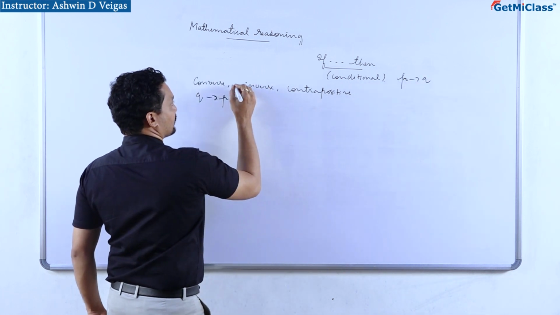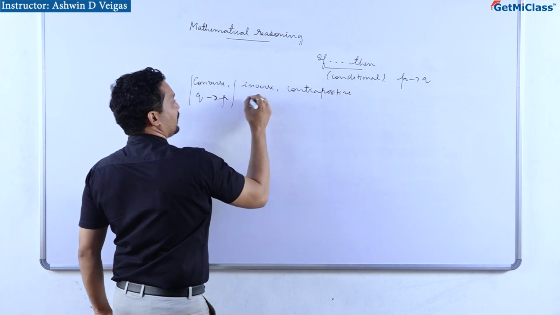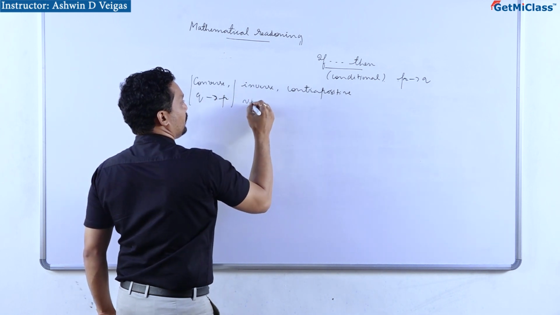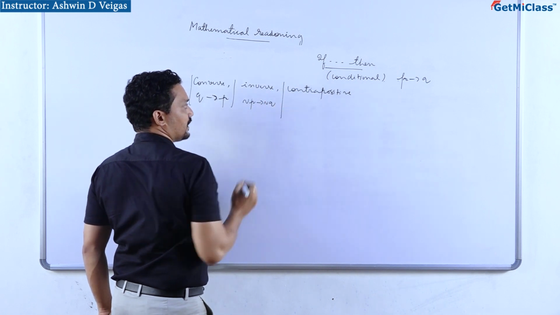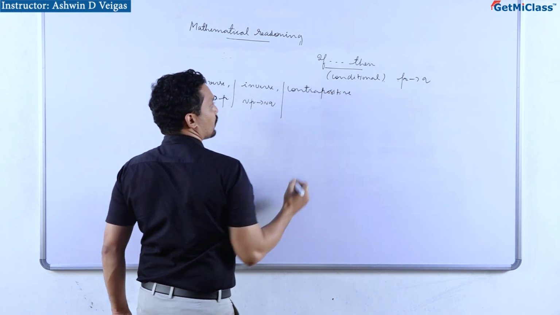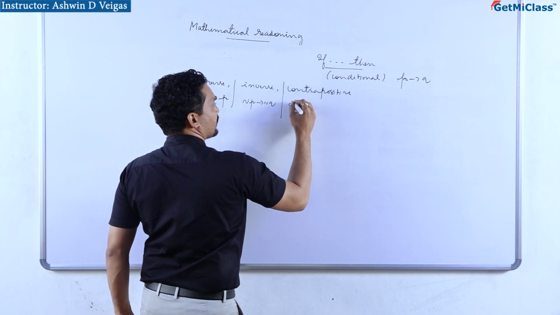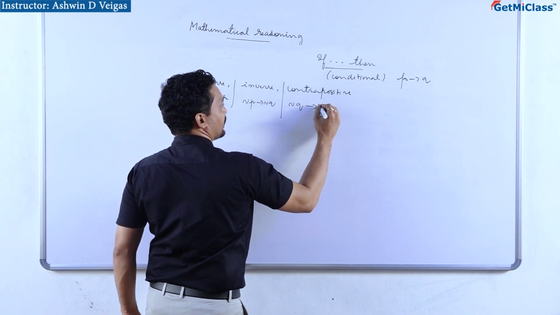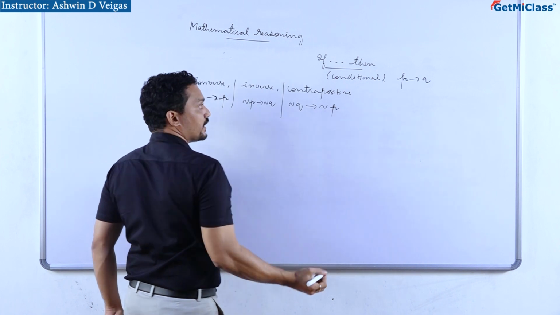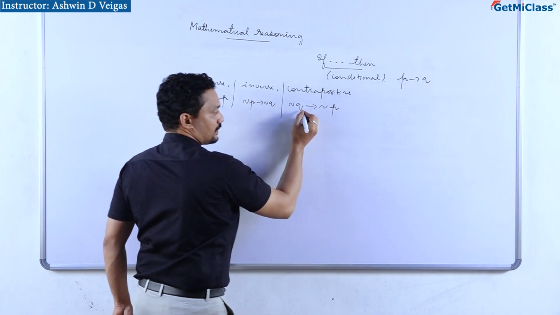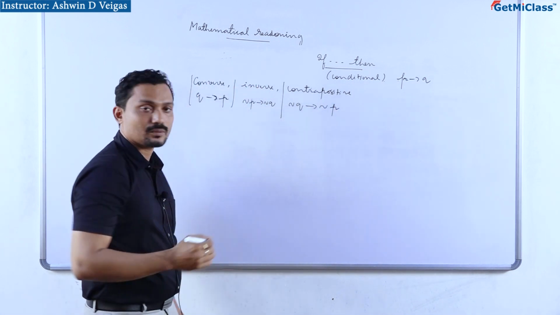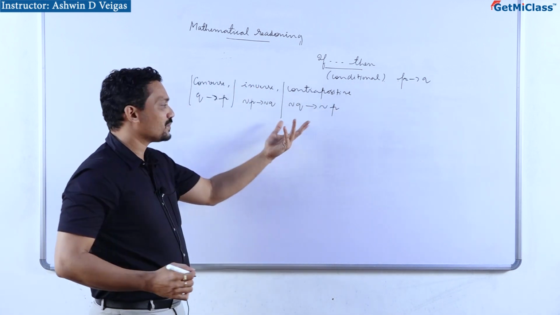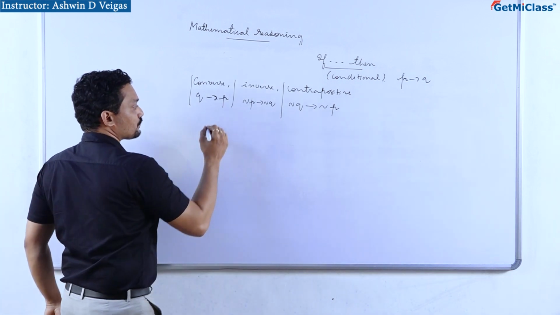So, this is converse, inverse is negation of P then negation of Q. This is called the inverse. And what is contrapositive? Contrapositive is negation of Q then negation of P. If you negate the second one first and write this as negation of Q then negation of P, it is called contrapositive.